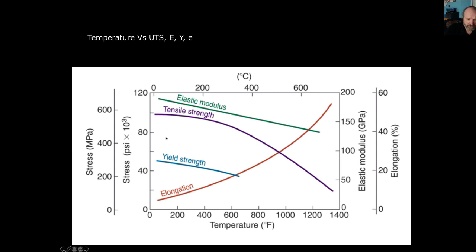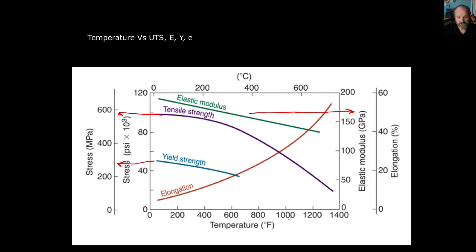So if we take a look, yield strength, tensile strength, these two, which axis would they belong to? Well, that would belong to the left axis, the stress in megapascals. Okay, so let me get my magic pen. So this graphic goes with the stress measurements on the left side. Now the elastic modulus goes with this scale on the right side.